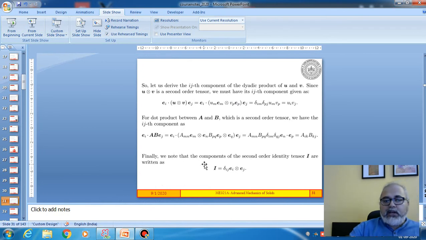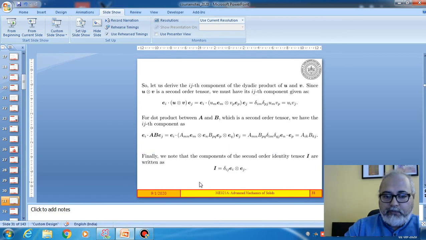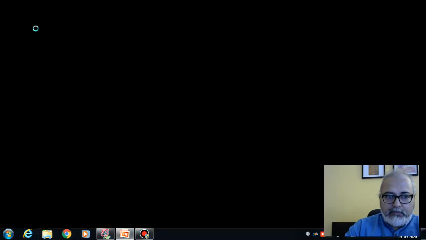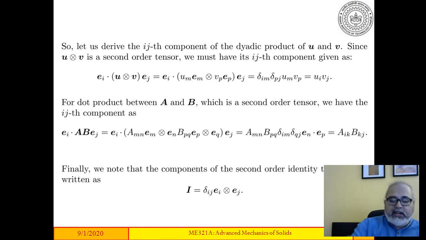Okay. Now another thing that we have to remember is we have something called a second order identity tensor I, whose components are delta ij.